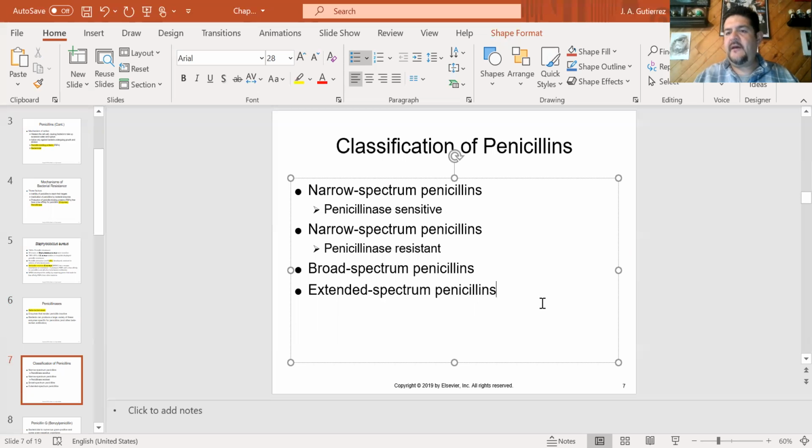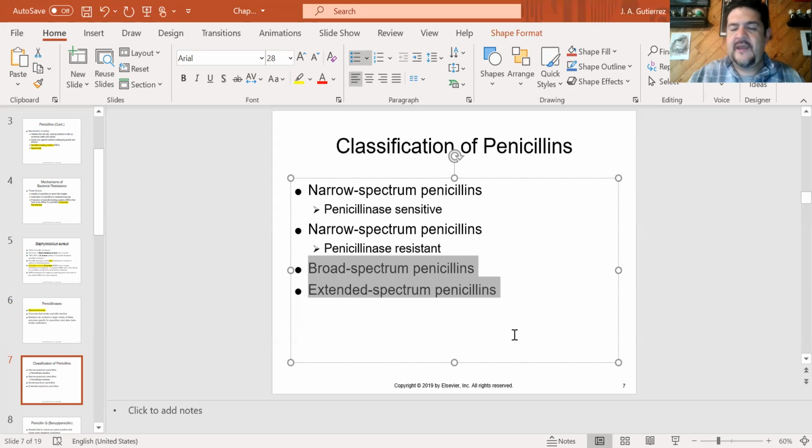Now the mom has a urinary tract infection, a UTI. So because of the environment, instead of starting with a narrow spectrum penicillin, which he would provide in his practice outside the hospital, the doctor will start with the broad spectrum or extended spectrum penicillins, because this infection was acquired inside the hospital.